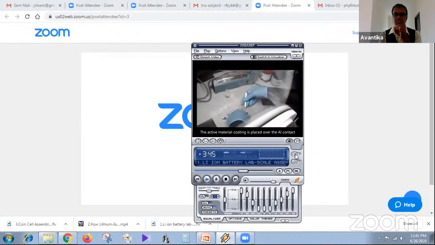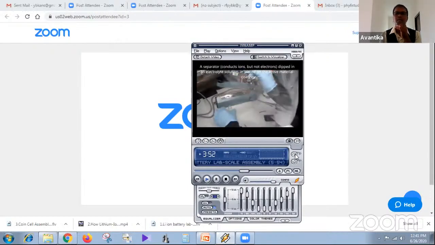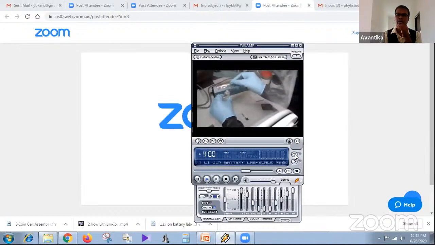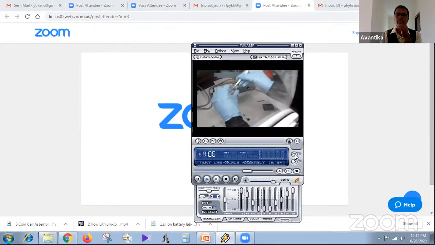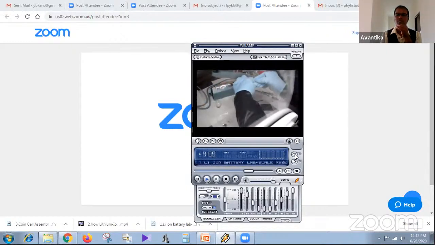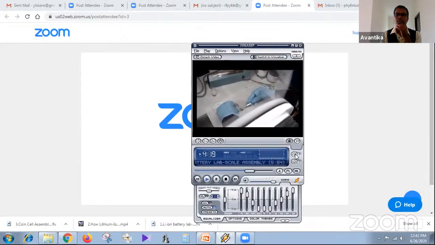So this one is a prepared cathode material, and after that they can put the polymer separator. This is called separator. The purpose of separator is, in order to avoid the short circuit, we can use a separator. Yeah. So now they are putting that separator.